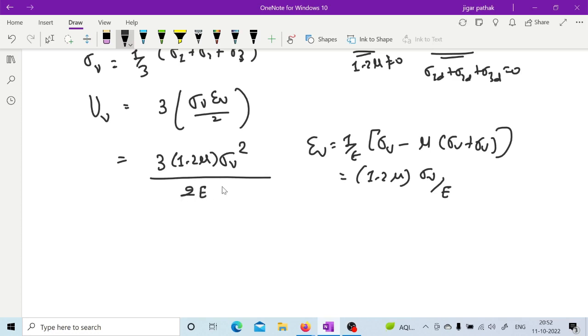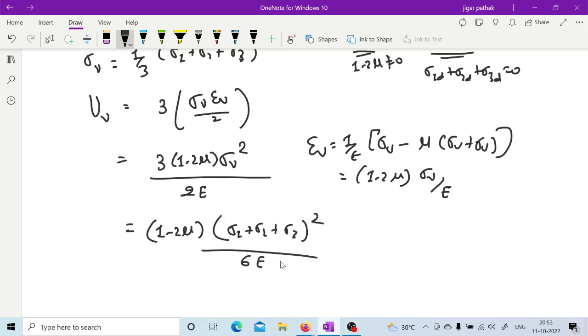This is how you have the value of Uv. As you know, sigma v is 1 by 3 sigma 1 plus sigma 2 plus sigma 3. If you put all these values, then Uv will be equal to 1 minus 2 mu times sigma 1 plus sigma 2 plus sigma 3 square divided by 6E.